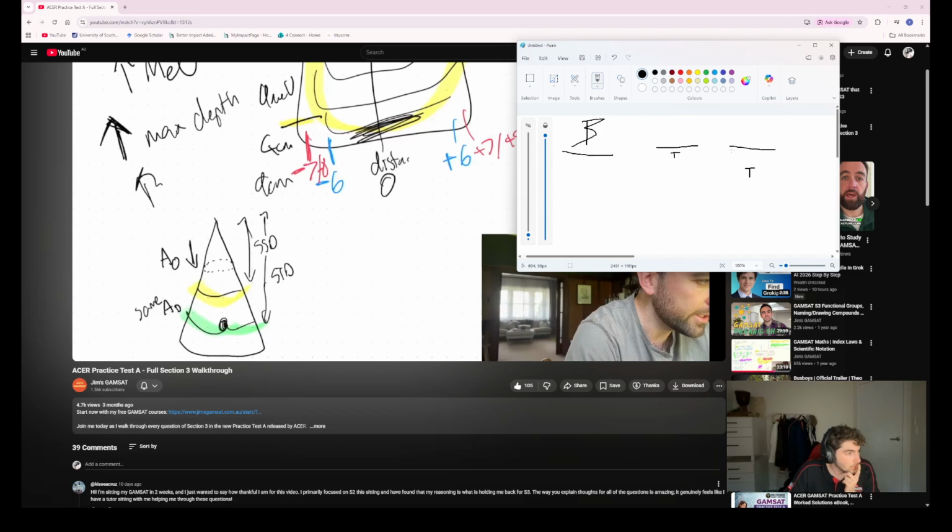Tumor is smaller, but source to skin distance... Actually, let's do it the opposite. The ISO dose curve and the radiation dose of the tumor will be the same. ISO dose curve.